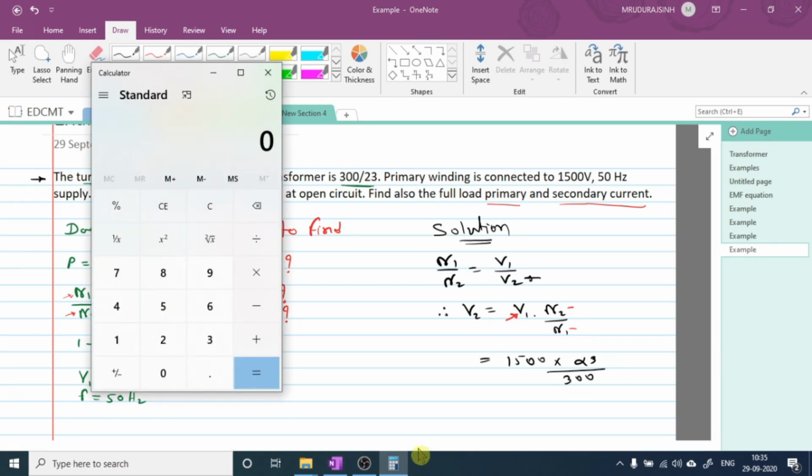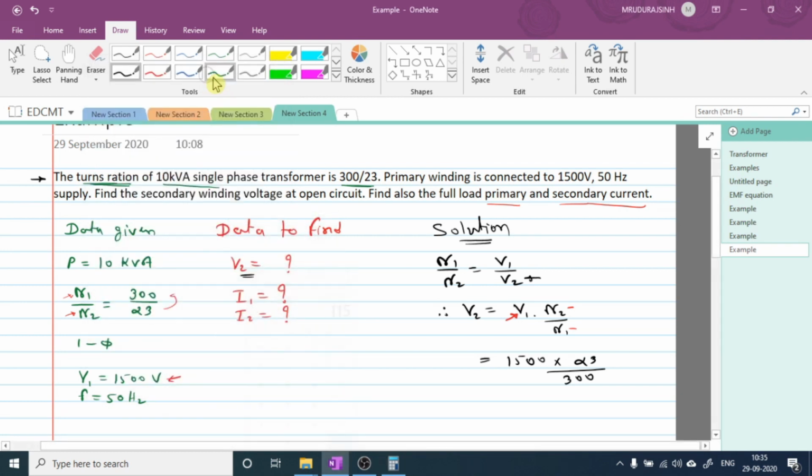So let's calculate this thing. 1500 multiply by 23 and divided by 300. It's simple. It gives us 115. So the secondary voltage at open circuit V2 is 115 volt. So that's it. We have found our first findings and it is 115 volt.